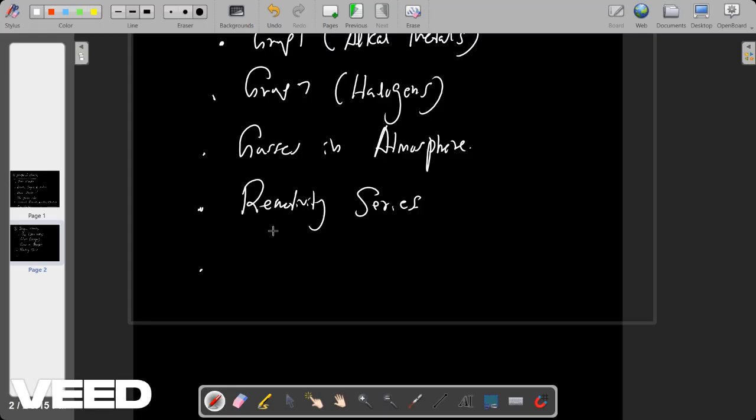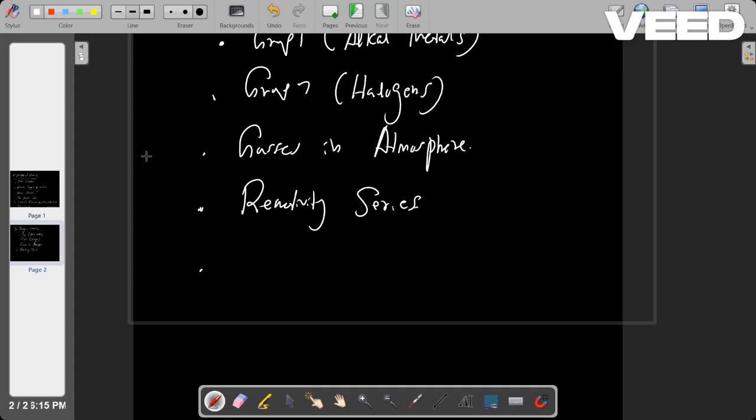Reactivity series means we are making an ordered series from highest reactive element to the least reactive elements. We are only discussing a very few elements, highest reactive to least reactive, right? Starting from potassium to end with gold or silver, right? Reactivity series. We are later discussing in detail about these things.